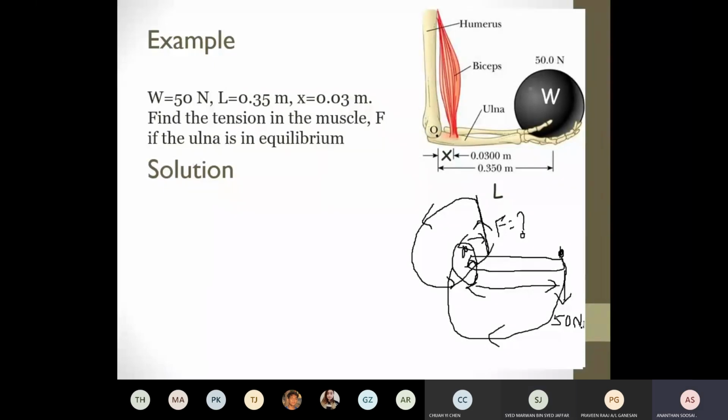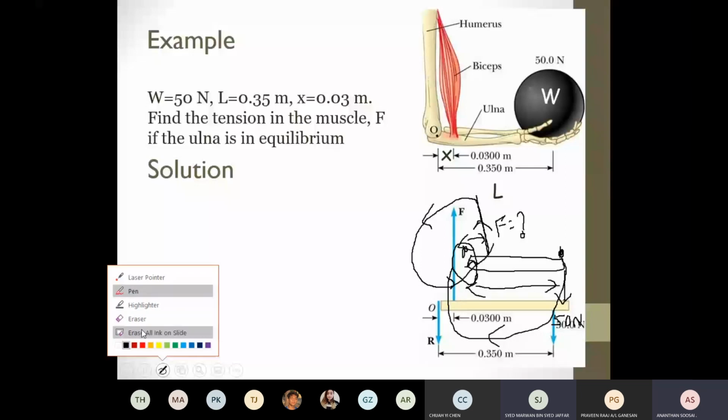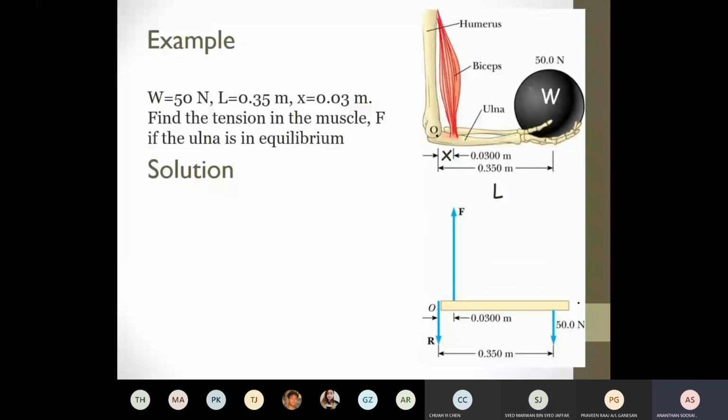The moment caused by F must be the same as the moment caused by 50. So that's the solution. This is the system as I told you.